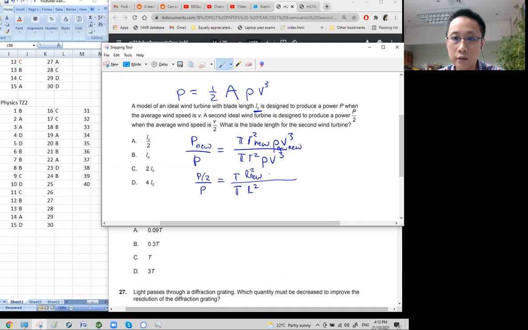And then the density of the air, not wind, is supposed to remain constant. But then the speed is going to decrease by a factor of 2, so with the cube.